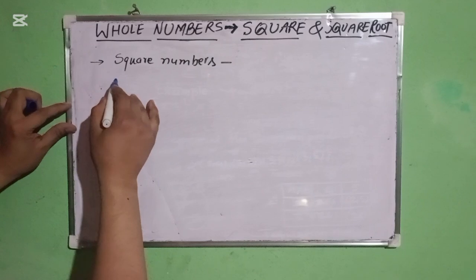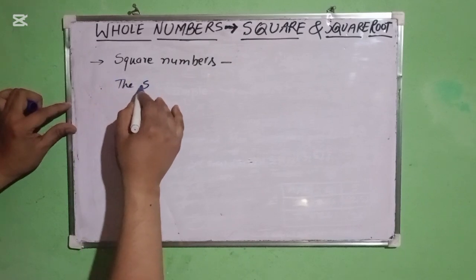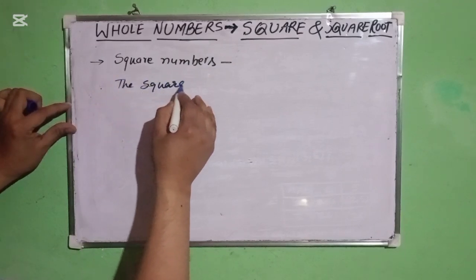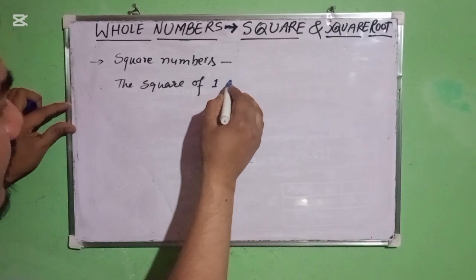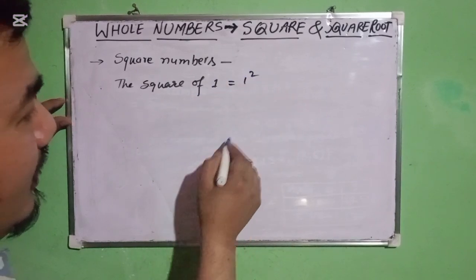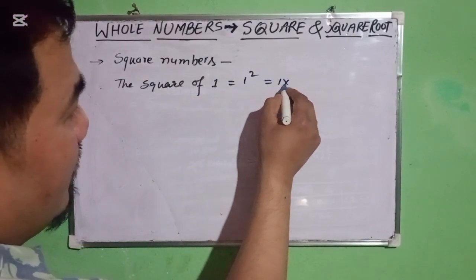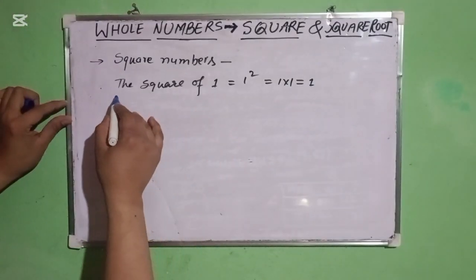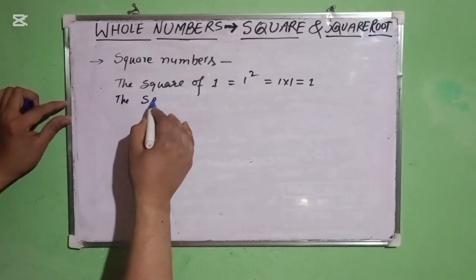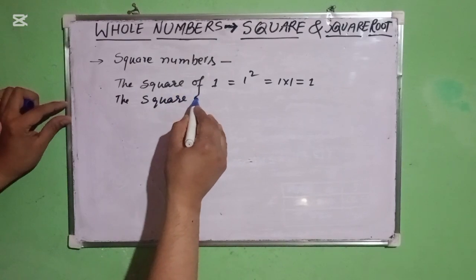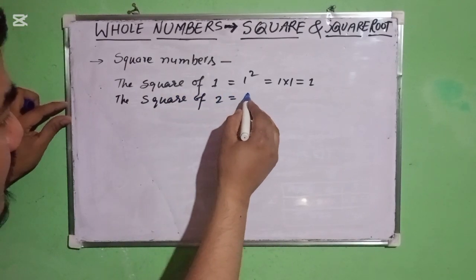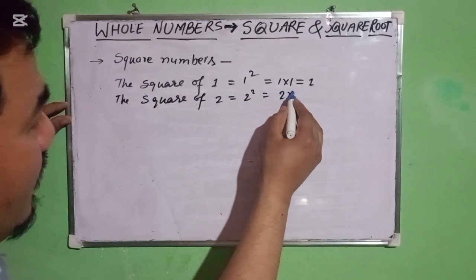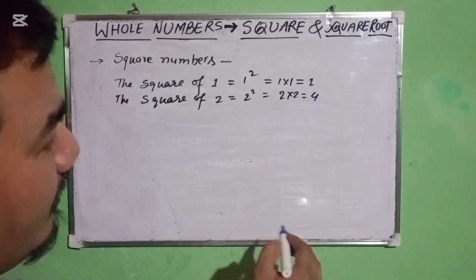Look here, the square of 1 equals 1 square. 1 square means 1 into 1, which is 1, okay? And similarly, if you want to find the square of 2, then we write 2 square. It means 2 into 2, which is 4, okay?